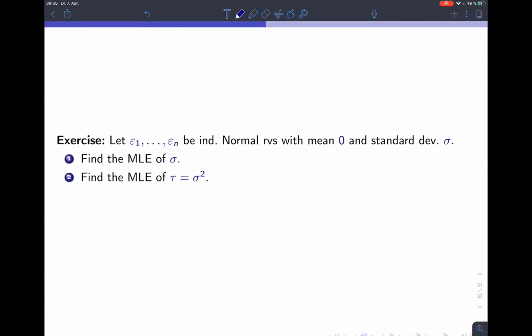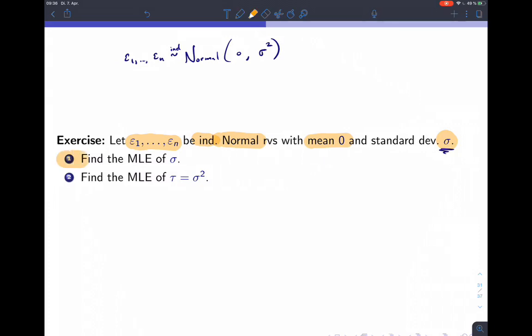Here's the first one. Let's say I've got some random variables which are independent normal, and they have mean zero and standard deviation sigma. So it's like we've got epsilon 1 through epsilon n independent normal with mean 0, and the variance is sigma squared since the standard deviation is sigma.